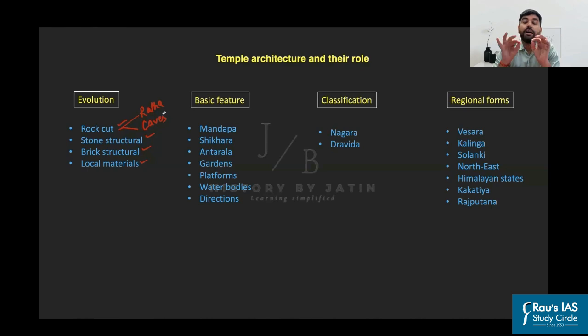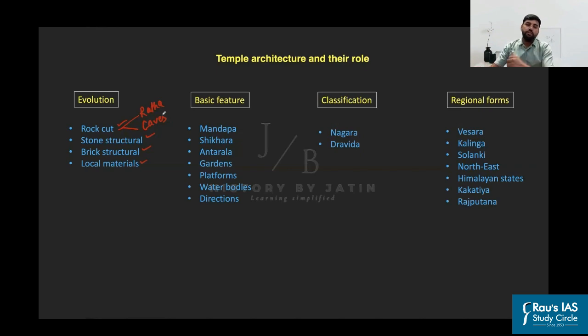Which cave? Barabar caves. But they belong to the Ajivika sect. So we started from Buddhism, then shifted to Ajivika, then to Jain caves, Ajanta, Ellora and all those. And then finally we come to the Hindu. So Hindu comes at the fourth position: Buddhist, Ajivika, Jain, and then Hindu. So the place of worship in Hindu culture comes at the fourth position in the evolution of religious places.